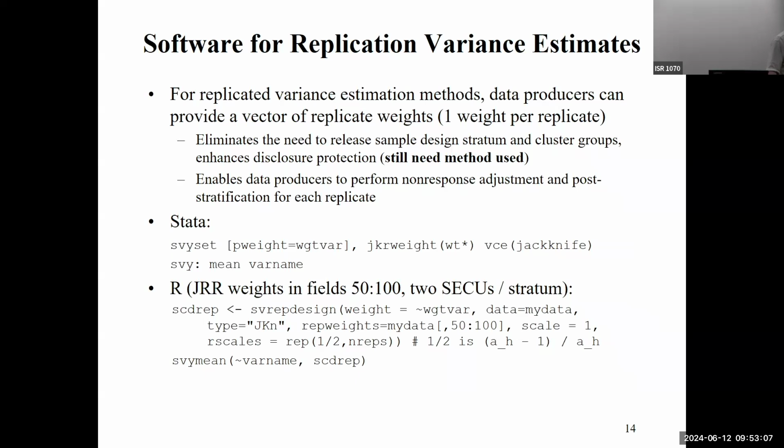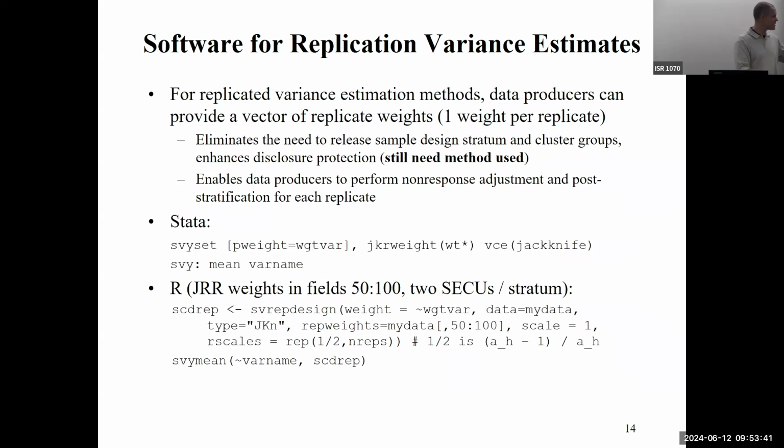In R, though, you have to pick out the specific columns in your data frame object that correspond to the replicate weights. As I said in the comment here, this assumes that the jackknife replicate weights are contained in fields 50 through 100 of the data frame object. So it takes a little bit more work to identify exactly which columns contain your replicate weights. This is where, for an analysis, you're typically going to want to create your own data frame object where you know exactly what those columns are.